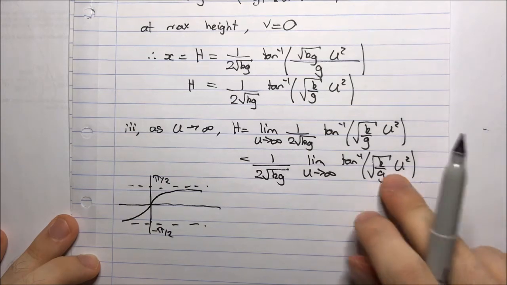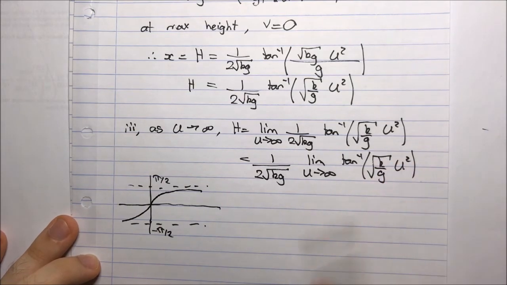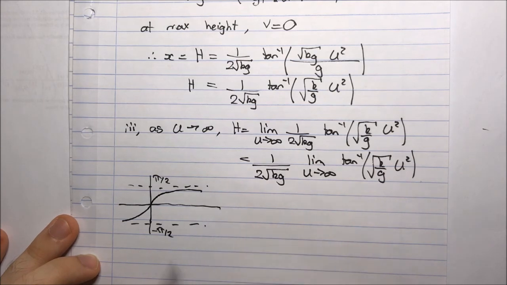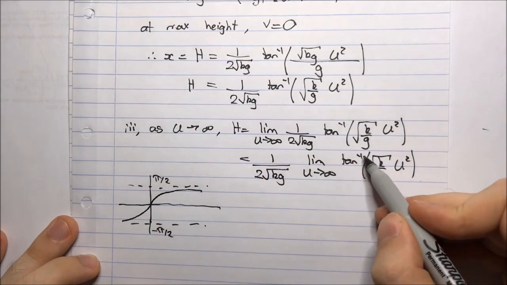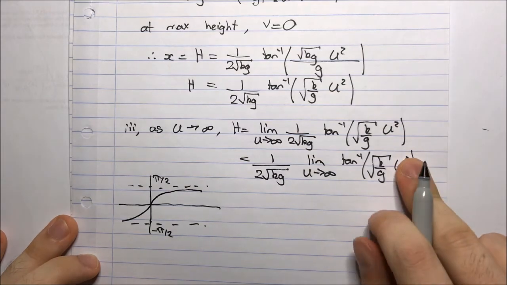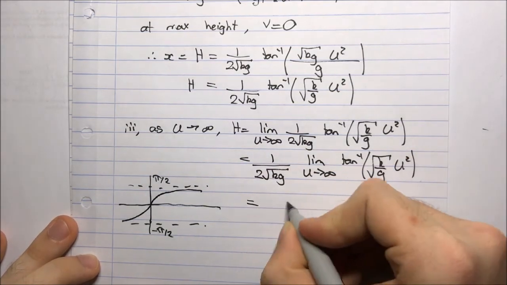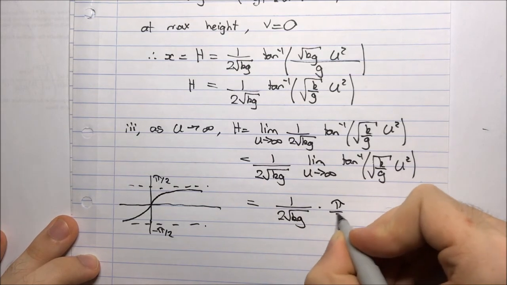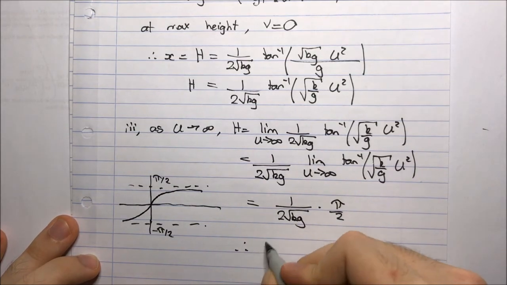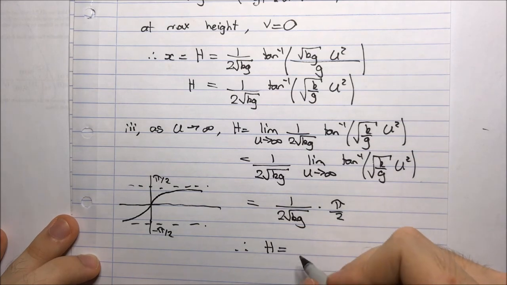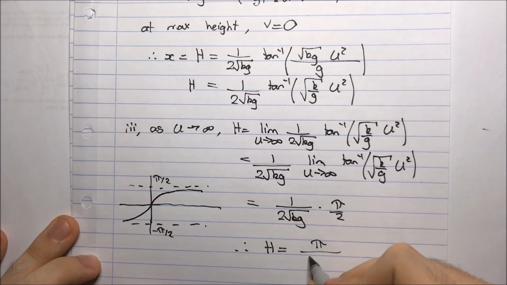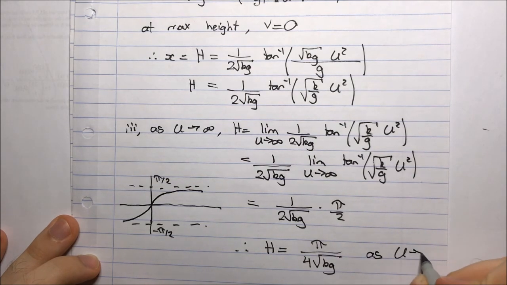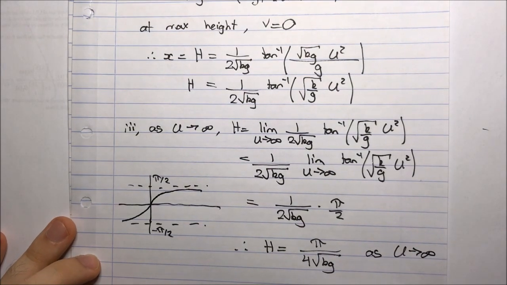So my argument is going to infinity. That means this is approaching pi on 2. So the limit of tan inverse as the argument goes to infinity is equal to pi on 2. So this is 1 on 2 root kg times pi on 2. And so therefore, I can write that h equals pi on 4 square root of kg as u goes to infinity. And that is the end of the question.